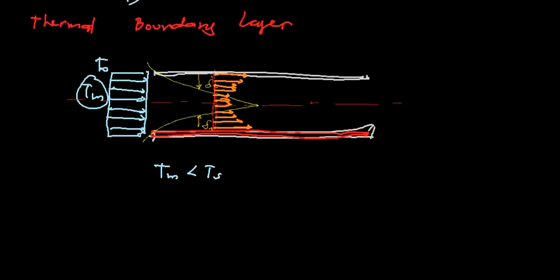So all in all, we can have a temperature profile that looks like this here, and then flat, and then curve. Okay, so that is the temperature profile in a region called the thermal entrance region.